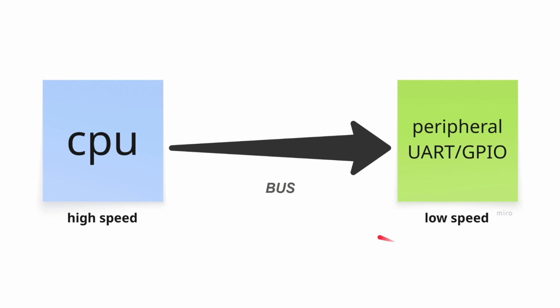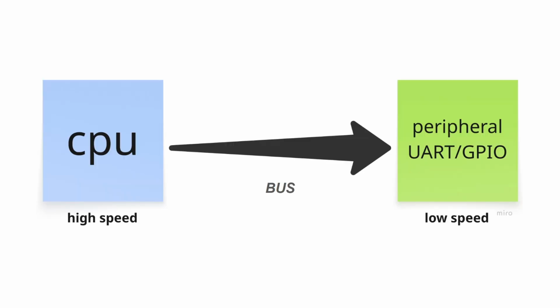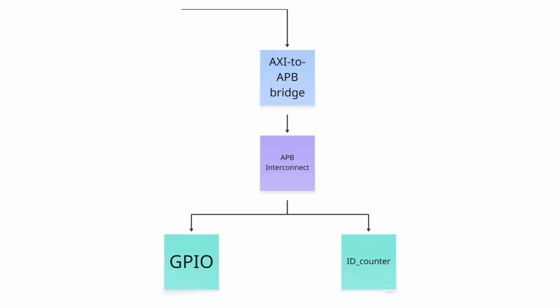To connect these two, the bus must support both high speed and low speed, but the AXI protocol is a fully high speed system. So AXI is supported with the CPU, but these low speed peripherals are connected with APB. Now you know why it is called the low speed peripheral bus. It supports low speed peripherals and connects with a high speed bus like AXI.